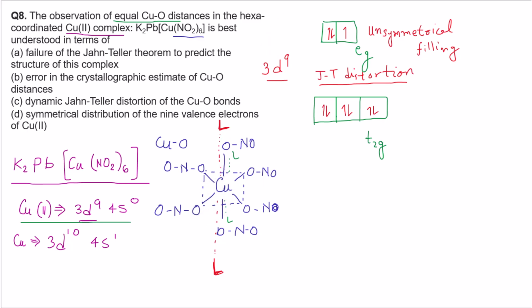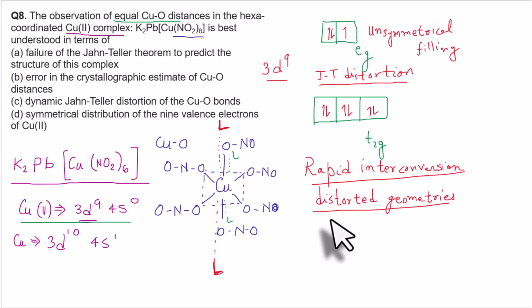Why are they equal? The reason is that there is rapid interconversion between the distorted geometries. This means the deviation from the regular octahedral geometry occurs very rapidly, so the bond lengths change from regular to irregular, longer or shorter, very rapidly. Since this change occurs so rapidly, on the experimental time scale these are averaged out, that is, time averaged.